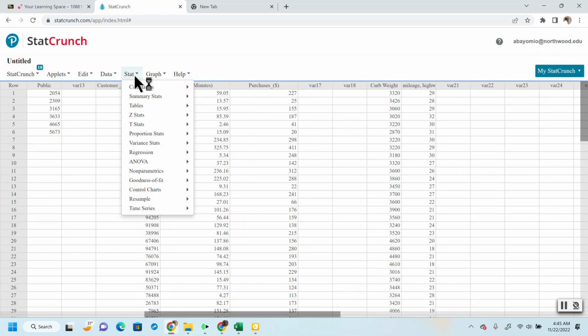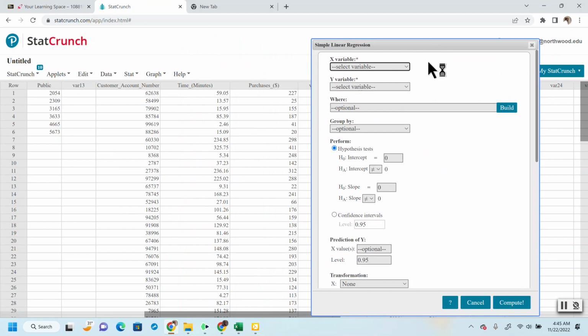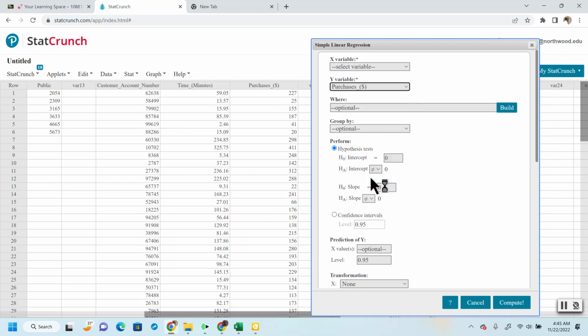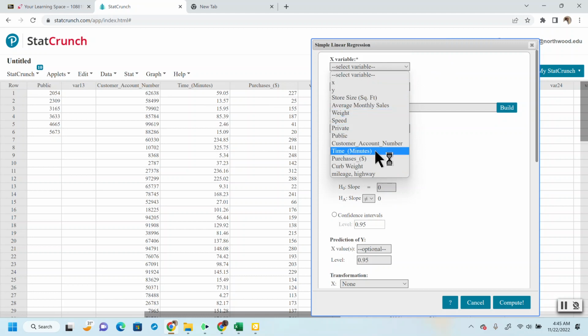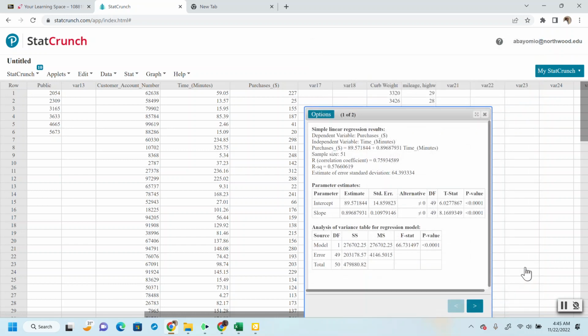So I'll go to regression, simple linear regression, and which one depends on the other? I would argue that the amount of purchases depends on time in minutes. Let's see if that is true. So my Y variable is the dependent variable, which is purchases in dollars. Does it depend on the time in minutes spent viewing the catalog? We're going to compute this.